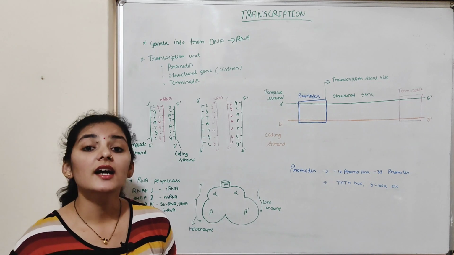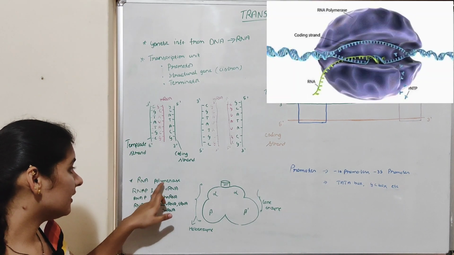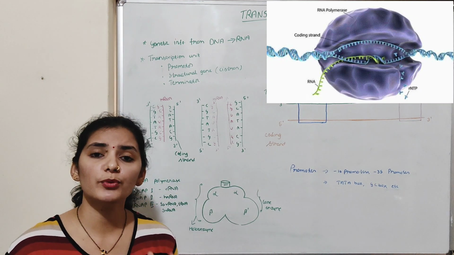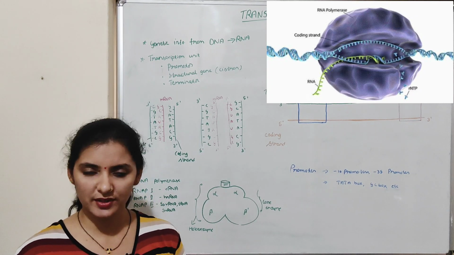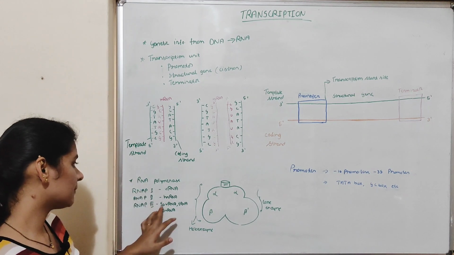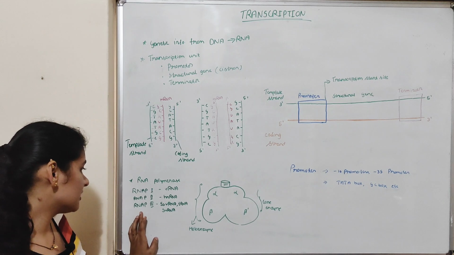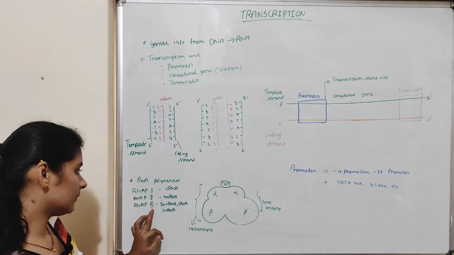The main enzyme that is required for the transcription process is known as RNA polymerase or DNA dependent RNA polymerase. In the case of prokaryotes, only one RNA polymerase will carry out the whole process of transcription, whereas in the case of eukaryotes, it requires three different types of RNA polymerase. And the three types are RNA polymerase 1, RNA polymerase 2, RNA polymerase 3.